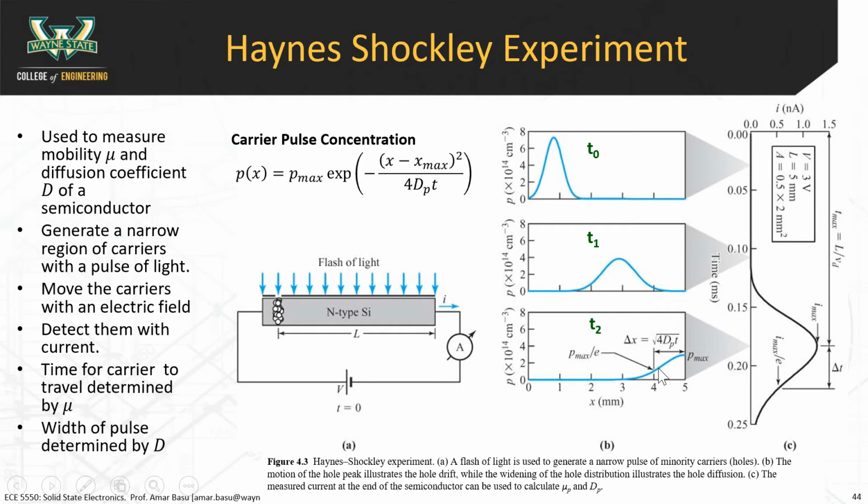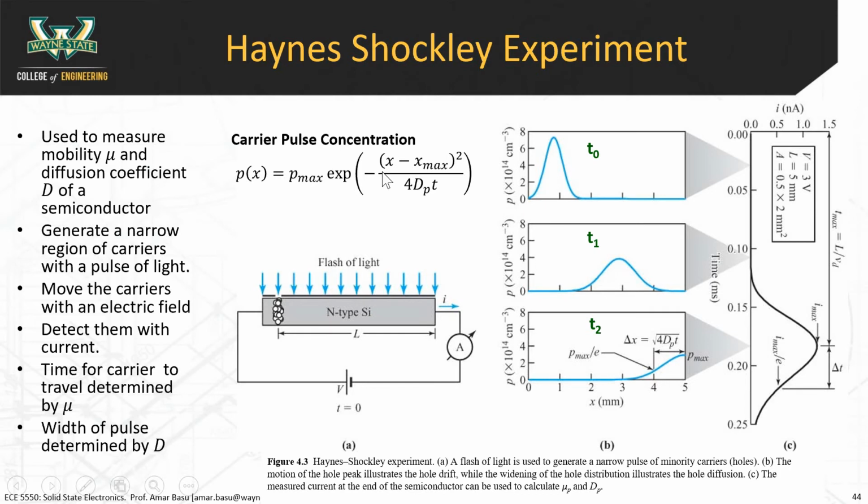Basically, the way this experiment works is that if you do the mathematics on this, you'll see this is an equation for the carrier pulse. It's equal to P max, the maximum hole concentration in the middle of the pulse, multiplied by the exponential of negative (x minus x max) squared over 4 Dp times t.